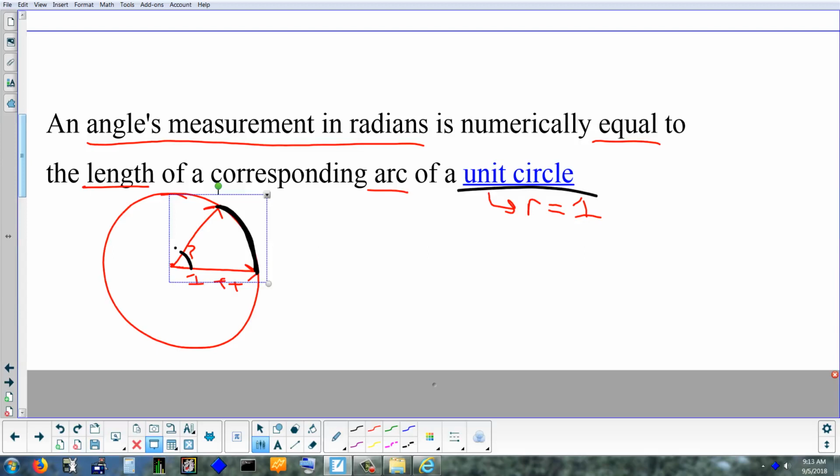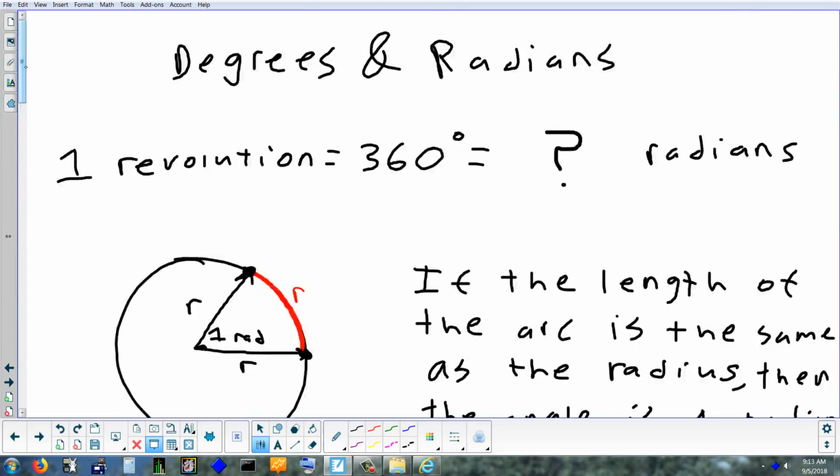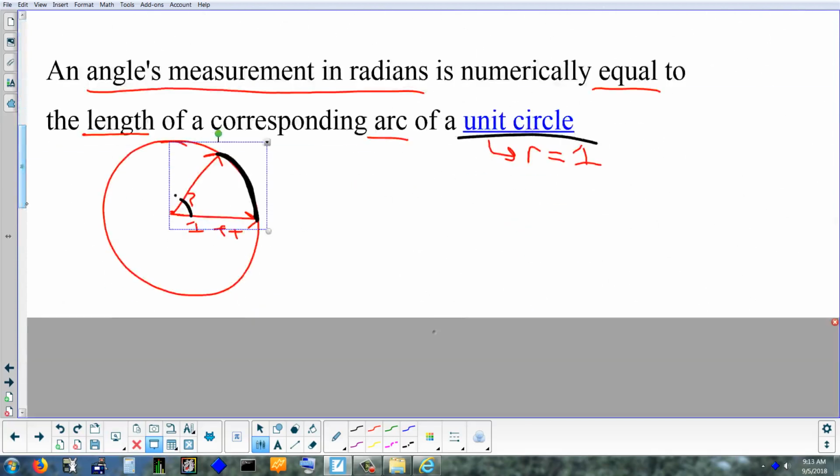So what I need to do is figure out this. 360 degrees. How much of a circle is 360 degrees? It's the whole thing. So now, if we can figure out the size of the whole thing, what I just traced in black, we normally don't even call that an arc anymore because it's an arc so big that it goes all the way around the circle.